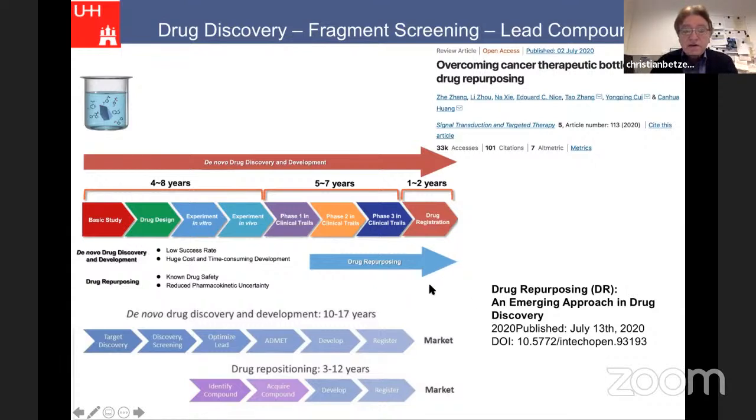You have today data banks of thousands of already approved drugs, and you can just commercially or via collaborations obtain these data banks and screen against these drugs, against a new target. The advantage, not necessary to mention, you know the drug safety and it is already approved. So if you identify a hit, you can straight use it for application for a new type of treatment, and examples will follow.